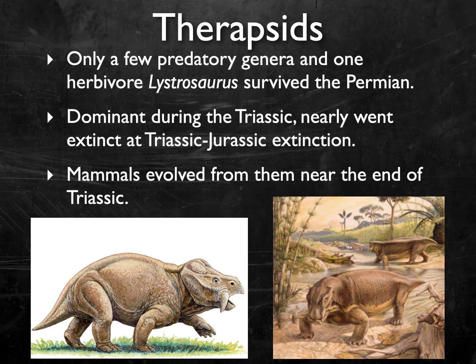We're not going to talk too much about the Triassic-Jurassic extinction, but there was another extinction event that occurred right between the Triassic and the Jurassic. And these things almost got wiped out. And it's quite possible that their nearly going extinct kind of paved the way for the mammals to really spring out here. So let's move forward to the mammals.